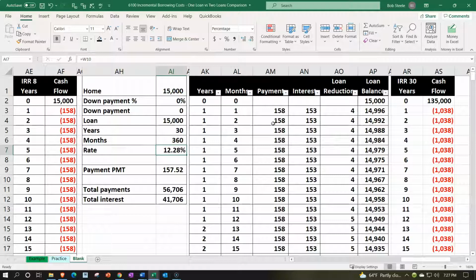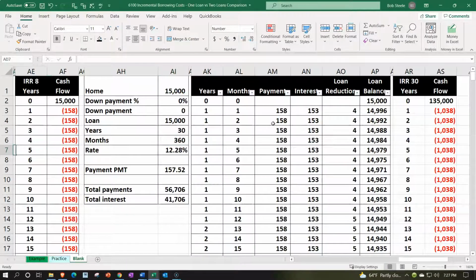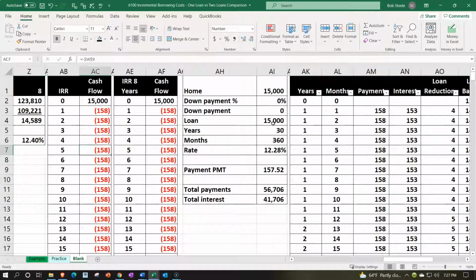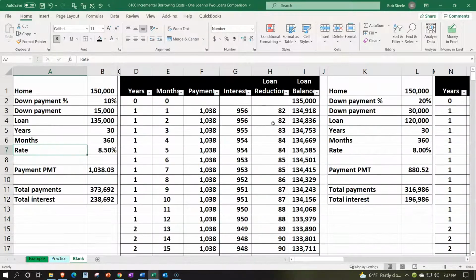Anything under the 12.28, although of course we'd have to be taking into consideration the closing costs. That's the rate we're looking at, because if I use that rate, the 12.28 for the two loan scenario versus the one loan scenario, then I get to an IRR that's equivalent to this 8.5 rate on the one loan scenario.